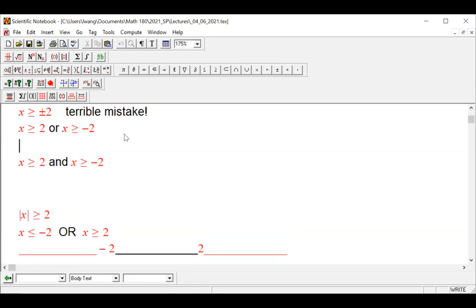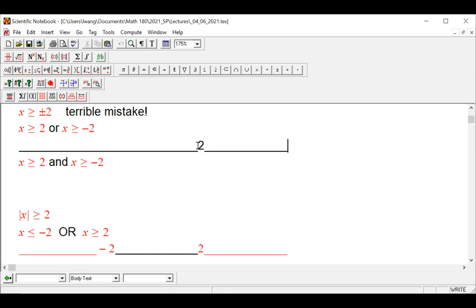Now, what does this mean? This means x greater than or equal to 2. X greater than or equal to 2, meaning I'm still going to put a number line here, 2 here, number line.